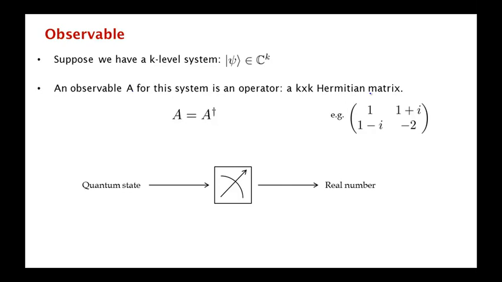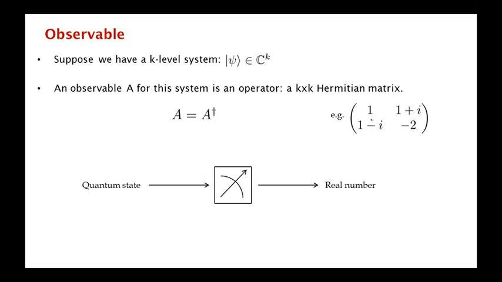Right? Remember, a Hermitian matrix is a complex matrix such that A equals A conjugate transpose, A equals A dagger. So for example, if k equals 2, then we might have the following Hermitian matrix. So the diagonal must be real, so it might be 1 and minus 2, and then this entry is the conjugate of that.